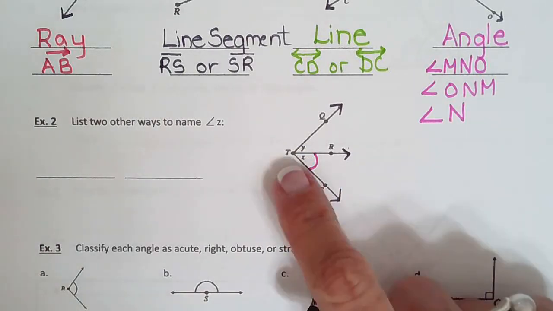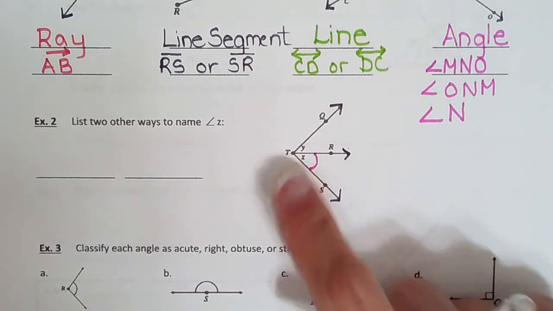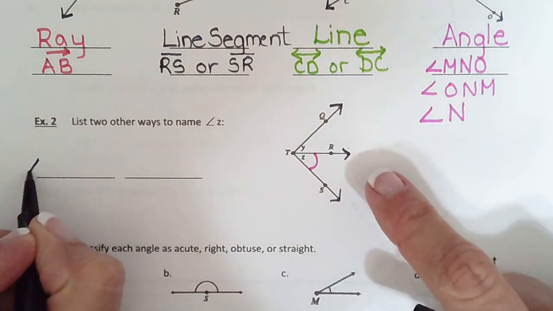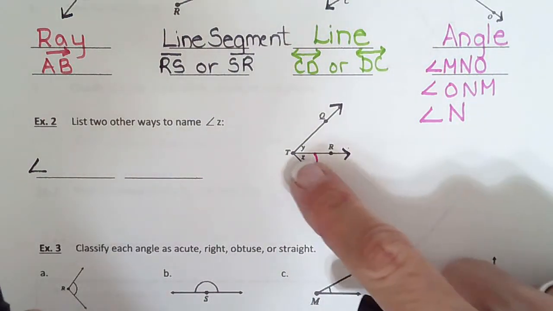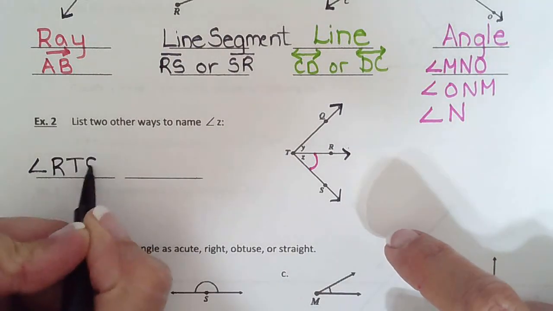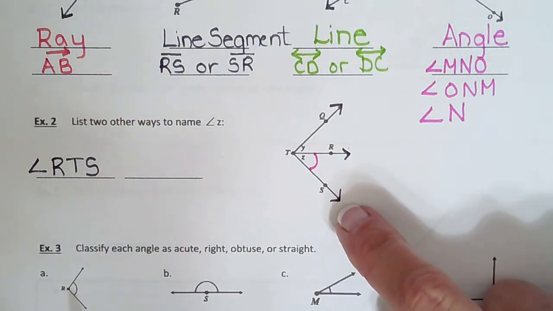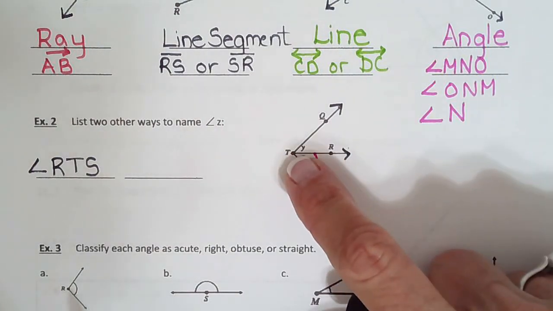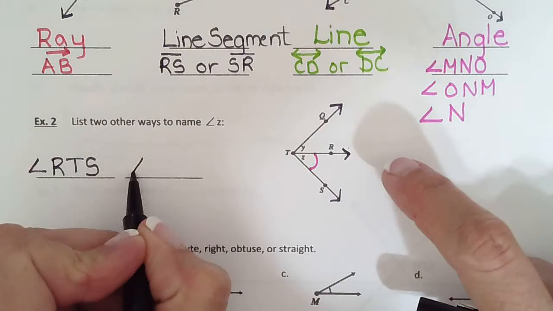Remember, we just have to make sure the vertex is in the center. So angle RTS, or we could go backwards and say angle STR.